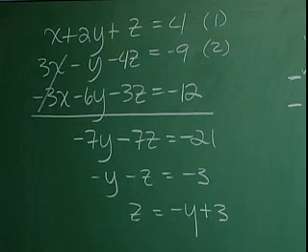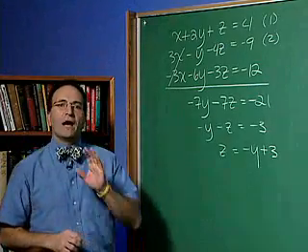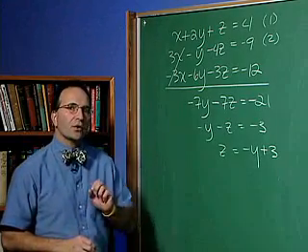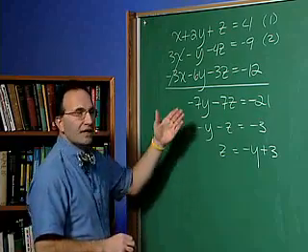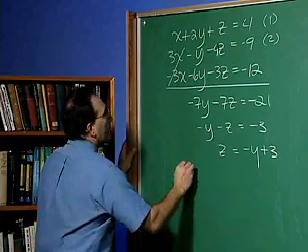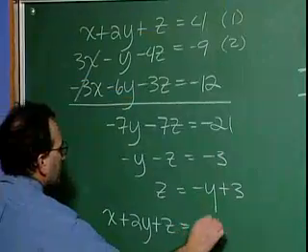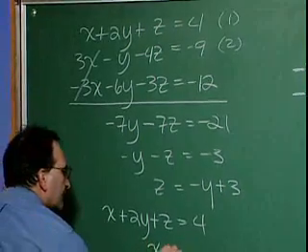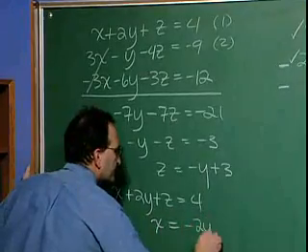Okay, so now what I want to do is solve equation number 1 for x in terms of z. So let's take equation number 1 and solve for x in terms of z. So equation 1, x plus 2y plus z equals 4. And we're going to solve that. X is equal to, I've got to subtract both of these.